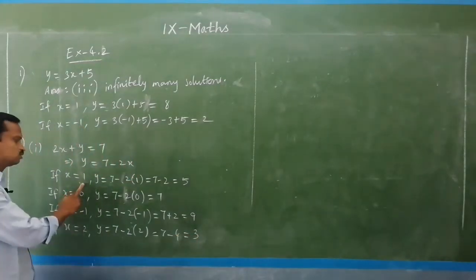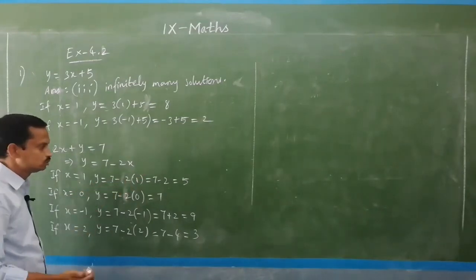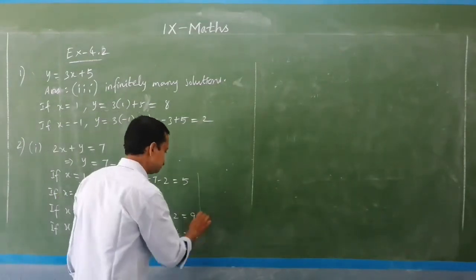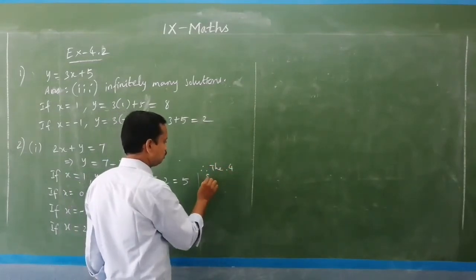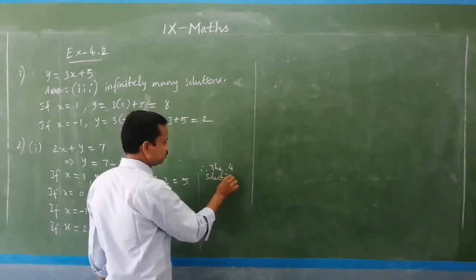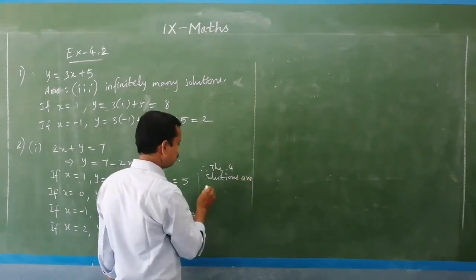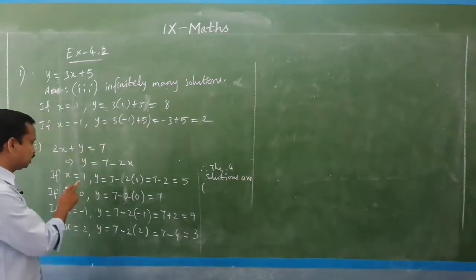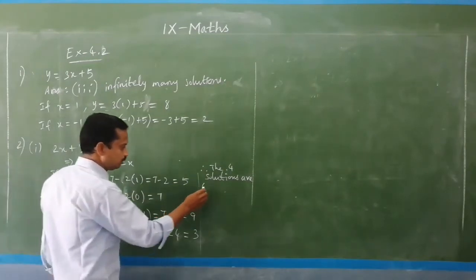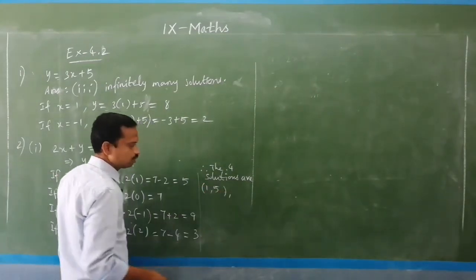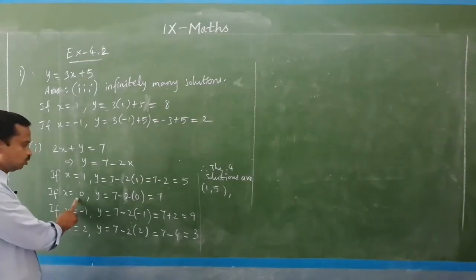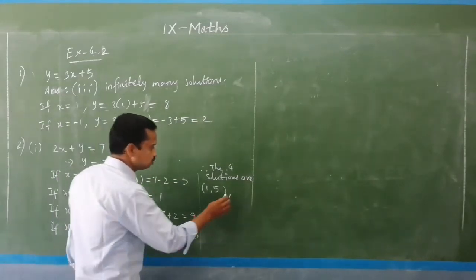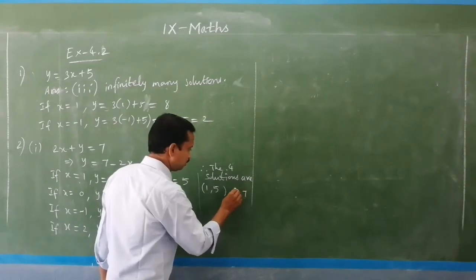So, you see, if x is 1, then y is 5. The solutions you can write like this. Therefore, the 4 solutions are: if x is 1, then y is 5, so 1 comma 5. We have to write it like this, as an ordered pair, as a point. If x is 0, then y is 7, so 0 comma 7.